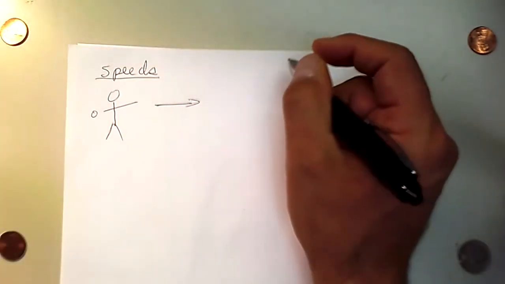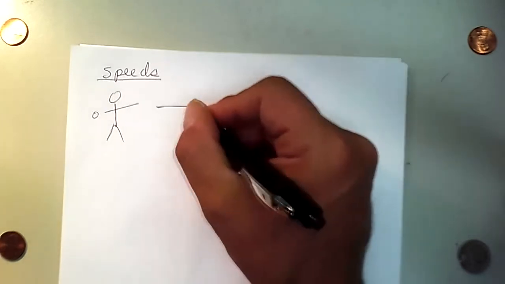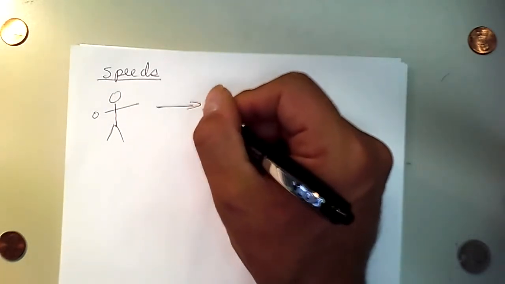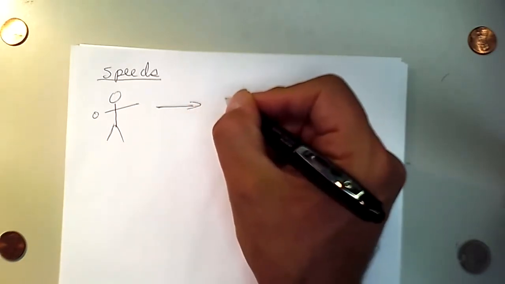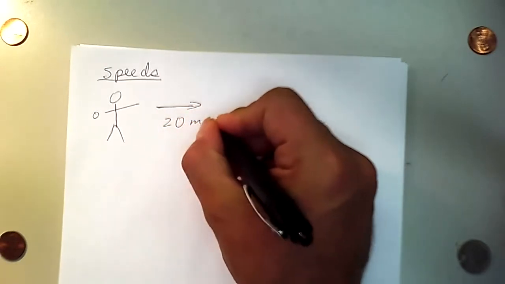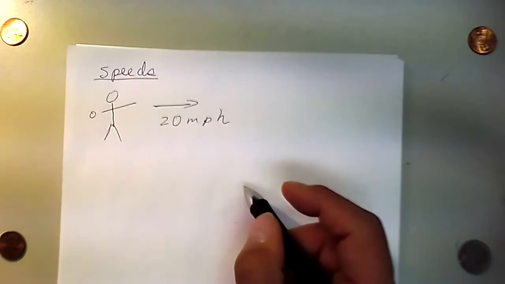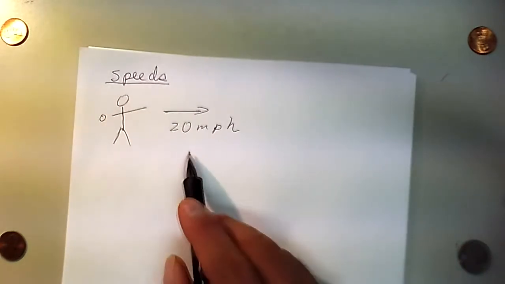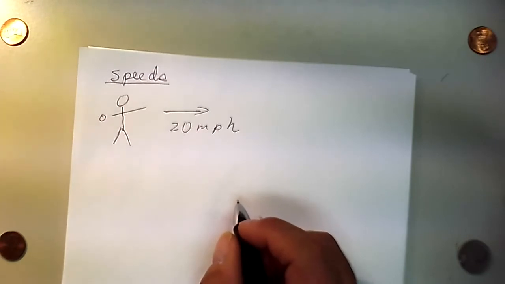I'm not very good at sports. So I can probably throw, I'm going to guess, 20 miles per hour. I'm only guessing. I have no idea how fast I can throw a baseball, but that seems reasonably safe. 20 miles per hour, I can throw a baseball.